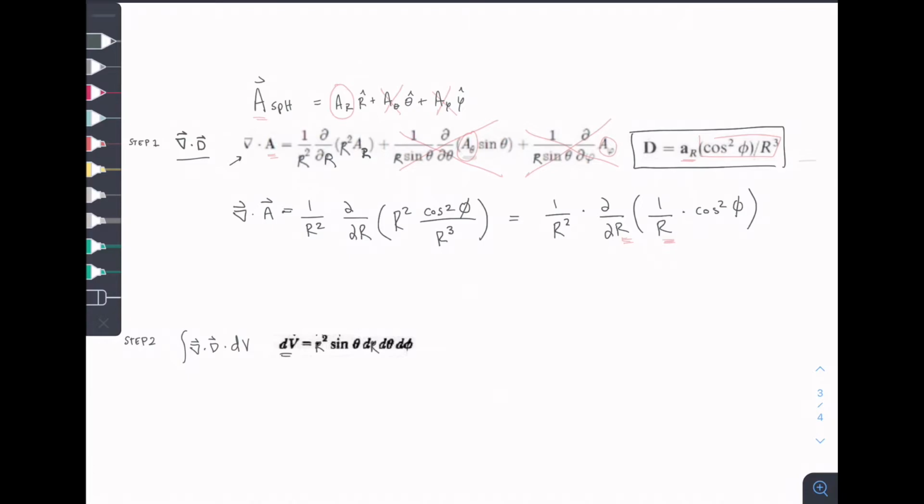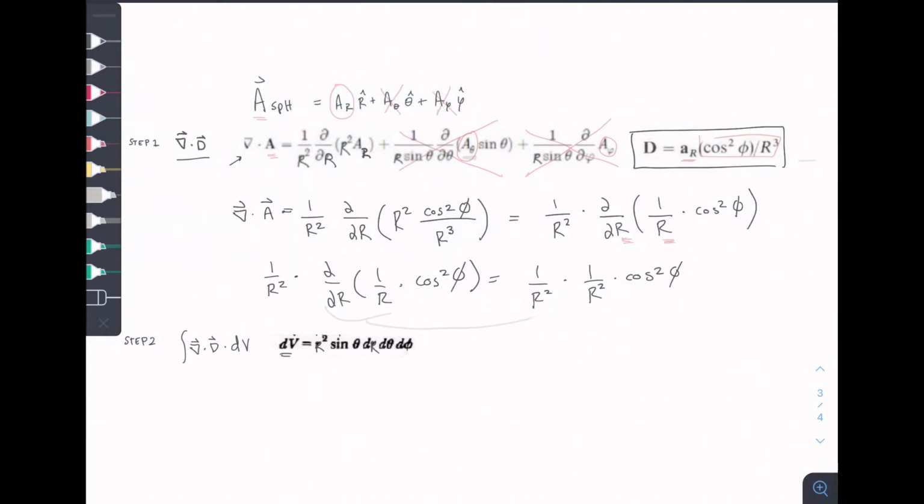So I have 1 over r squared multiplied by the partial with respect to r, and the partial of 1 over r becomes, actually, I'll rewrite it. So 1 over r squared, and then it's going to be 1 over r squared times cosine squared of phi. This is just the derivative with respect to r over here.